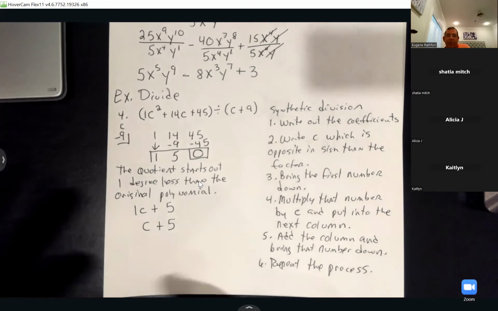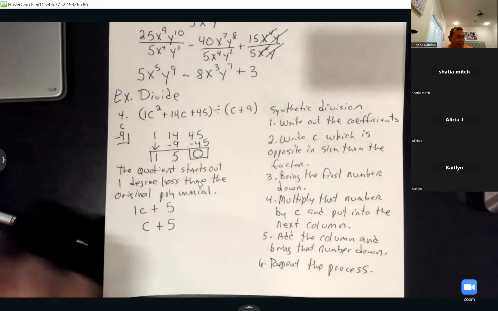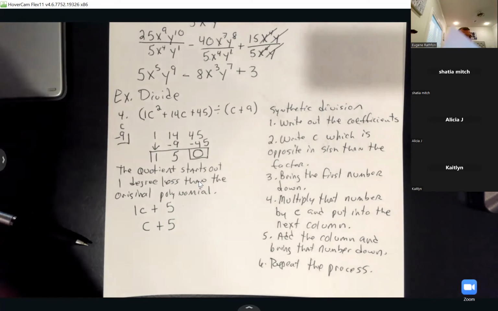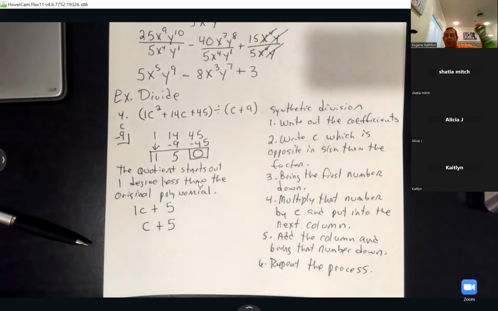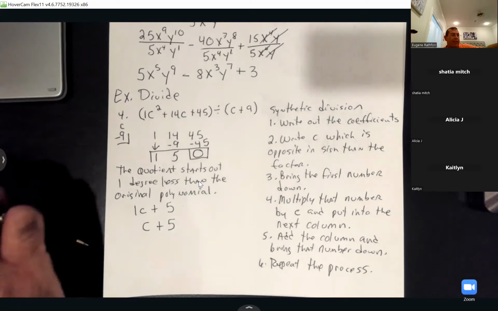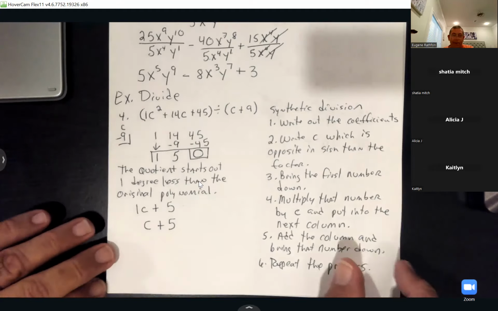All right, let me give y'all a second, then I'm going to do about 2 or 3 more examples on this. We have a whole section in college algebra where we do synthetic division like this. So let's play with some more of this.